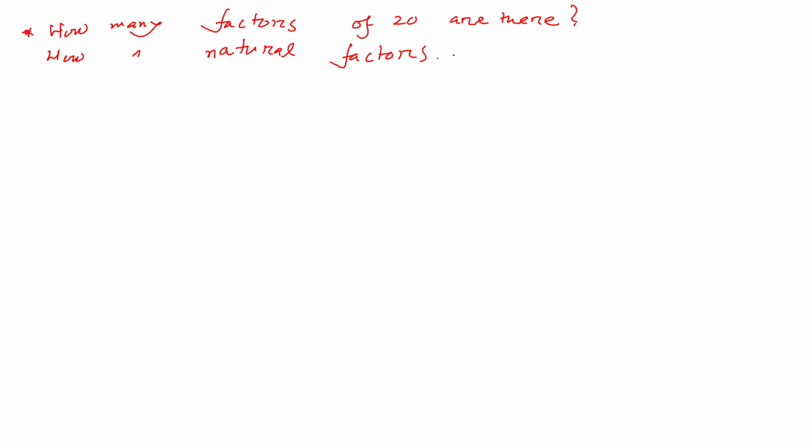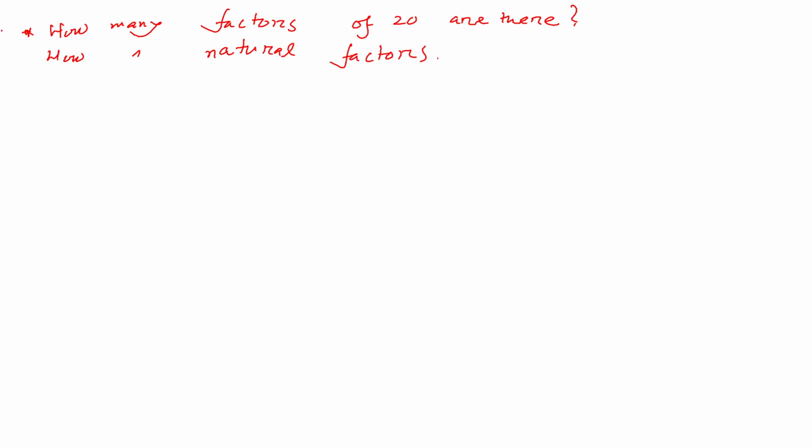Any number in the world, obviously not a fractional number, but any sort of integers, would have a factor of 1. So you have to neglect that to get only natural factors. This is like definitional things, not anything involving permutation combination.